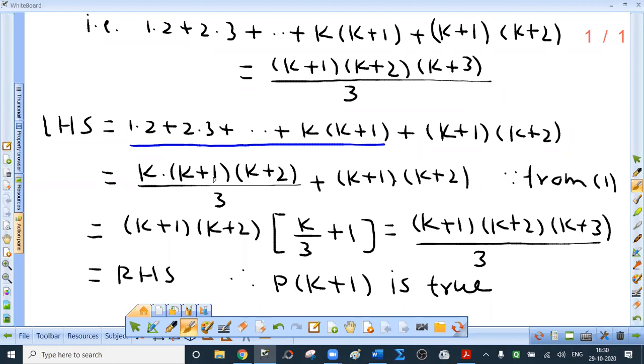Now I can take (k plus 1) into (k plus 2) common to get in bracket k upon 3 plus 1, LCM 3, so numerator k plus 3. That is why I have directly written (k plus 1) into (k plus 2) into (k plus 3) upon 3. But this is the right hand side. So we have proved that if P of k is assumed to be true, P of k plus 1 is also true.